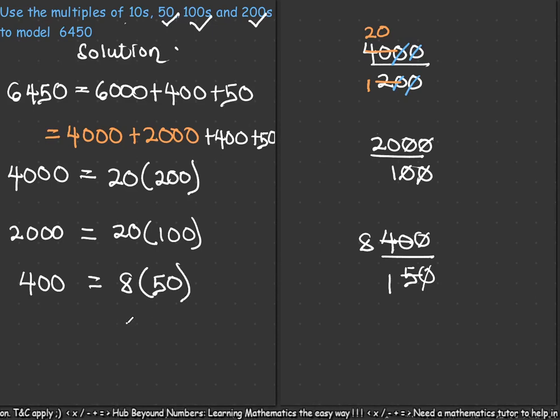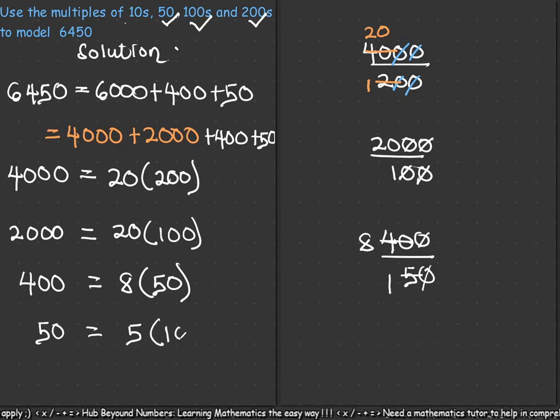You see that? Then our very last number, which is the 50. We are going to rewrite the 50 in terms of the 10. So 50 now becomes, that is very simple, 5 times 10. You see?